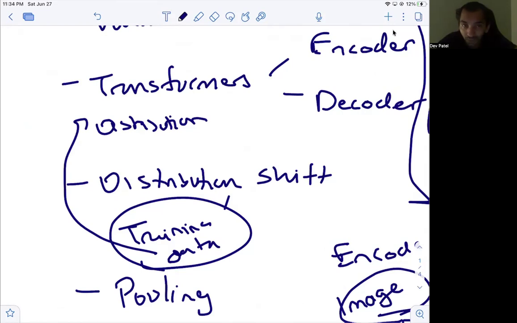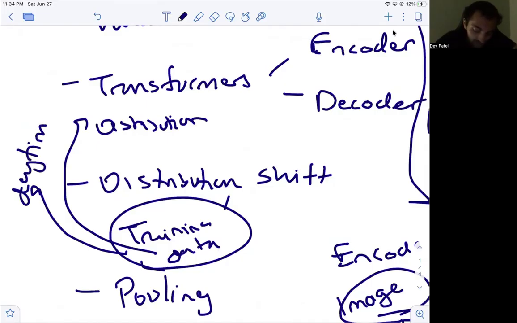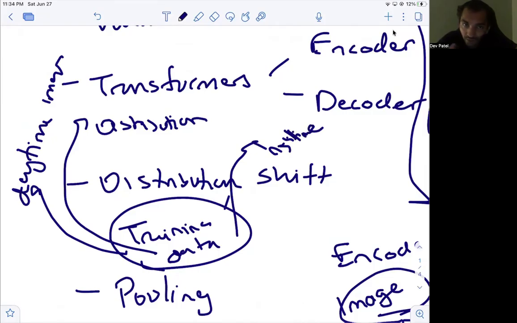So one example is if you're building an image classifier and you train on daytime images, and then your testing data is nighttime images. The distribution your testing data comes from is fundamentally different from where your training data came from.